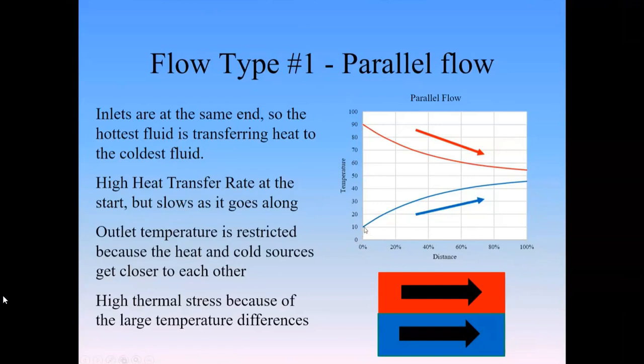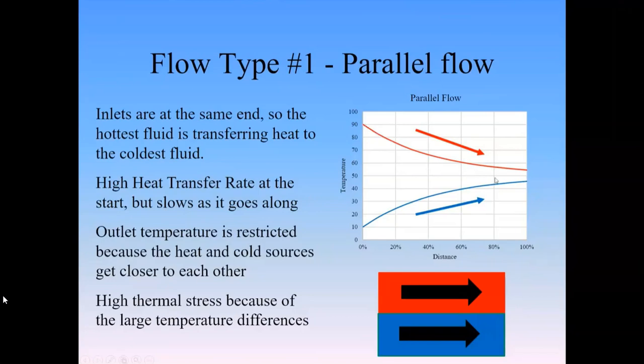Well, the large movement of heat from my hot to my cold is going to tend to cool down my hot fluid, and it's going to warm up my cold fluid. And as it does that, the difference in temperature gets smaller and smaller.